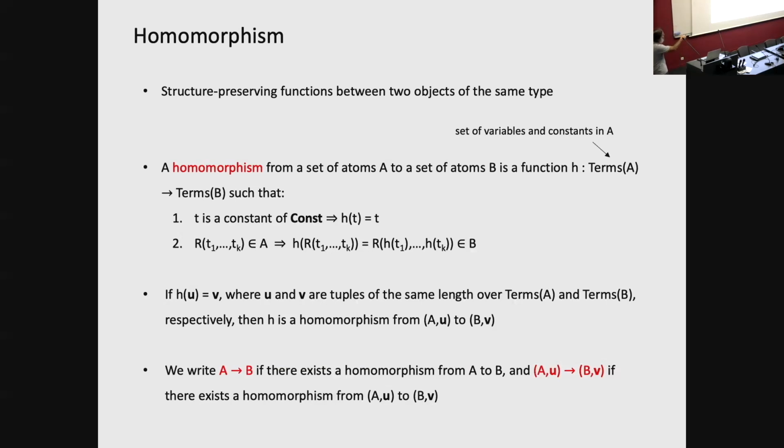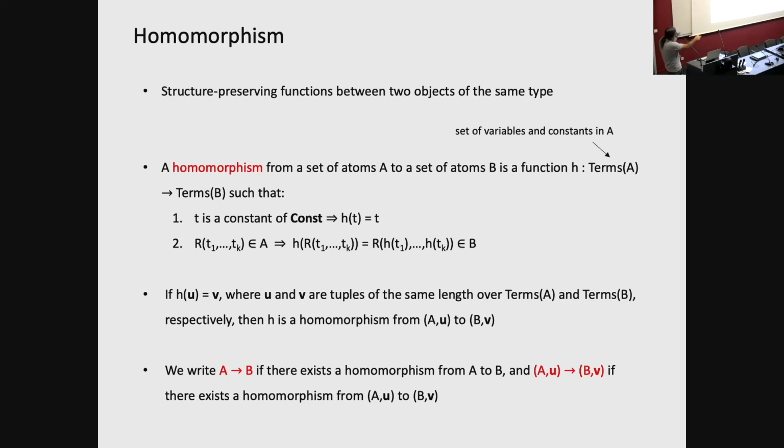A homomorphism from a set of atoms A to a set of atoms B is nothing else than a function from terms of A, a notation you see for the first time. The terms of A is the set of variables and constants that appear in A. So if I collect all the variables and constants that appear in A, it gives rise to this set.